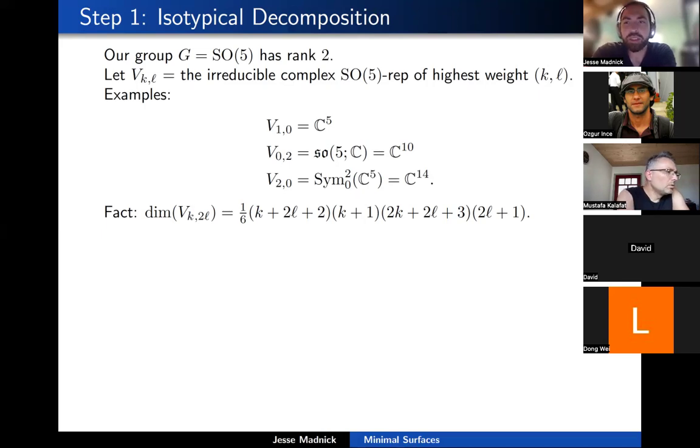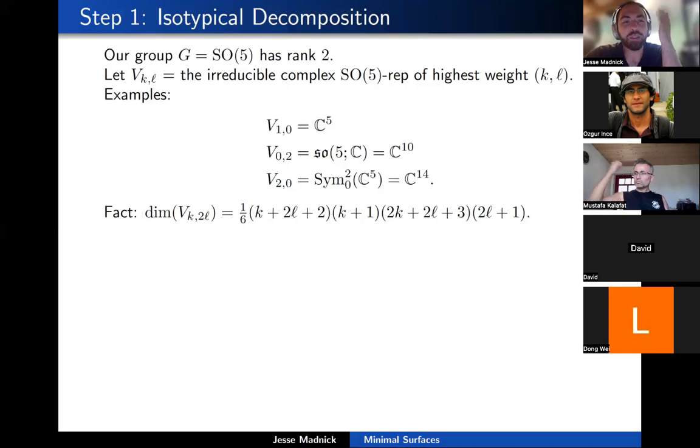Maybe this looks a little strange, because before we said it was V sub alpha where alpha belonged to little t star. The point is that little t star is R2, and we've chosen a basis of R2 in such a way that V10 is this representation.